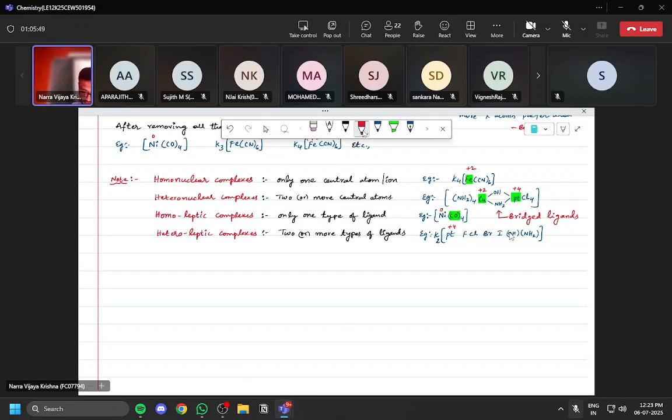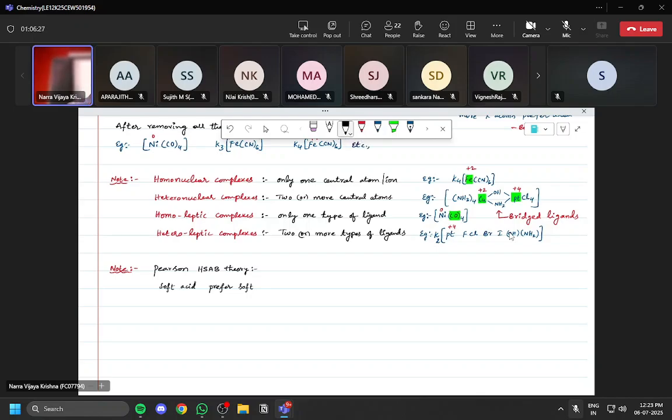So I am writing here a note. According to Pearson's hard and soft acid base theory, soft metals prefer soft bases. Soft metal means soft acid.